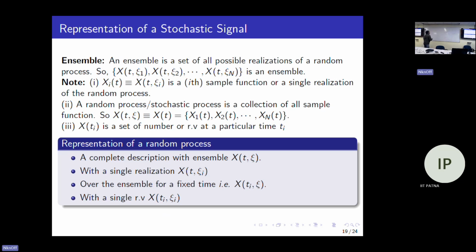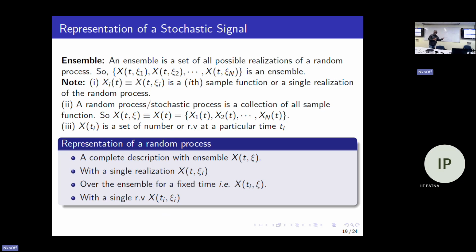Now what I'm trying to say is x(ti) is the set of all random variables at a particular time ti. Let's say at time t1, what is the value? This one, x1(t1). At the same time t1, it is x2(t1), and so on, and xn(t1). So at time t1 there are some values, represented as x(ti).